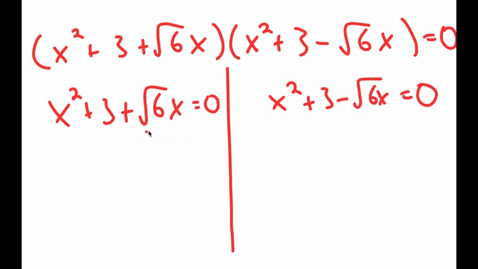So for both of these, because both of these are quadratic equations, you can use the quadratic formula to solve them. So by using the quadratic formula, I'm actually not going to do that in the video, but you can try that yourself.